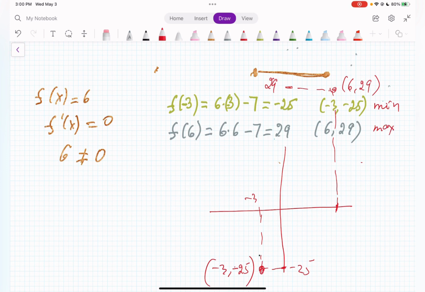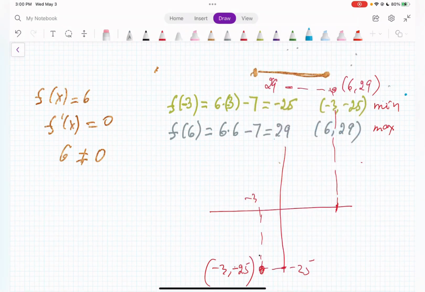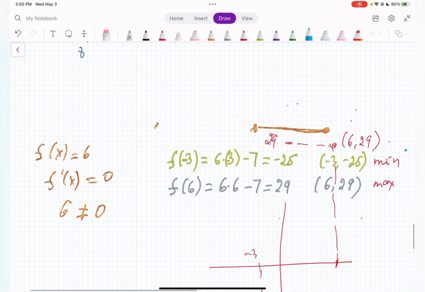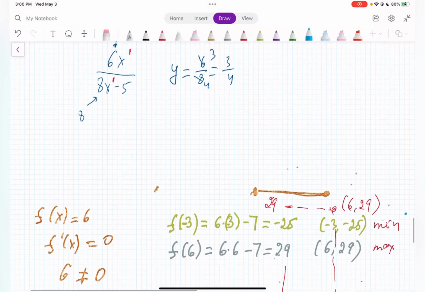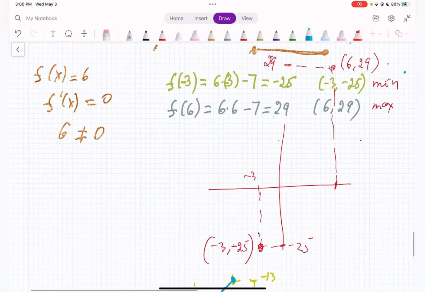And indeed, if we provide the graph, our original problem is 6x minus 7, right? So it's going to go like this. And it will cross at the point negative 7, right?